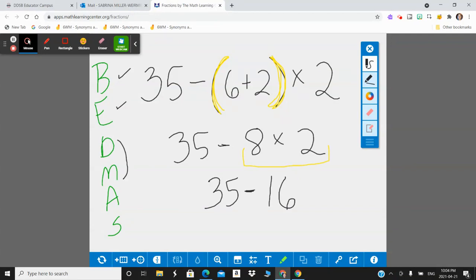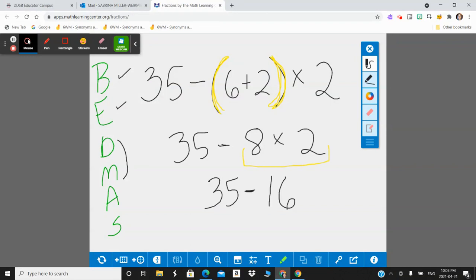There's no more division or multiplication, so we move on to addition, subtraction. And we have 35 minus 16. So mental math, I'm going to do 35 minus 15. That's a lot easier for me. So 35 minus 15 is 20.